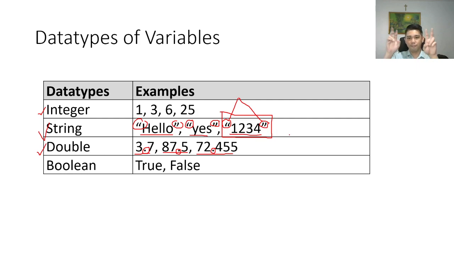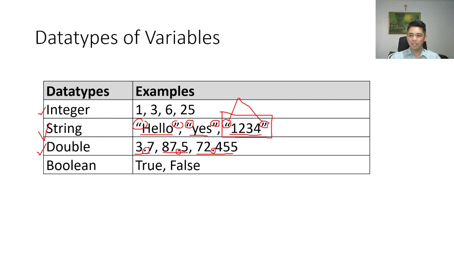So if you have 1, 2, 3, 4, and you add 1, it will never become 1, 2, 3, 5. Since they are strings, they cannot use arithmetic operations. Although for strings, we can actually use the addition operator, but it actually produces a different kind of output.